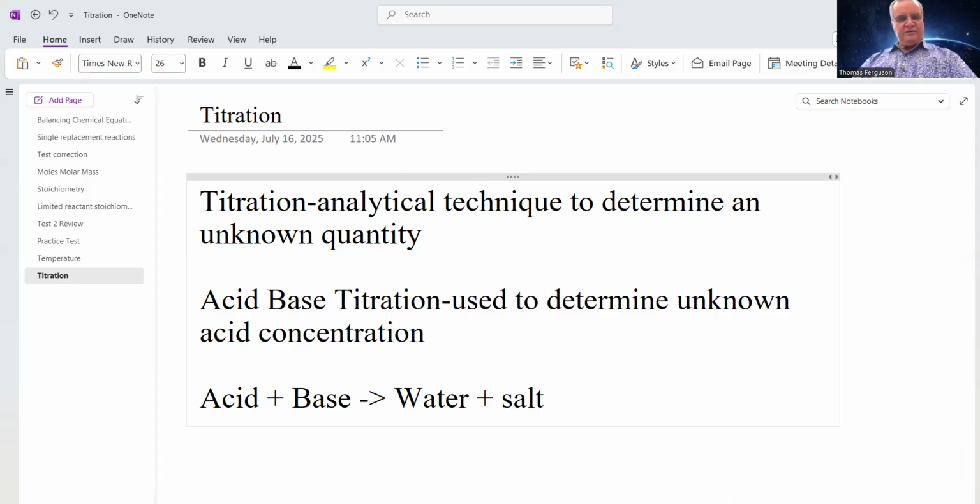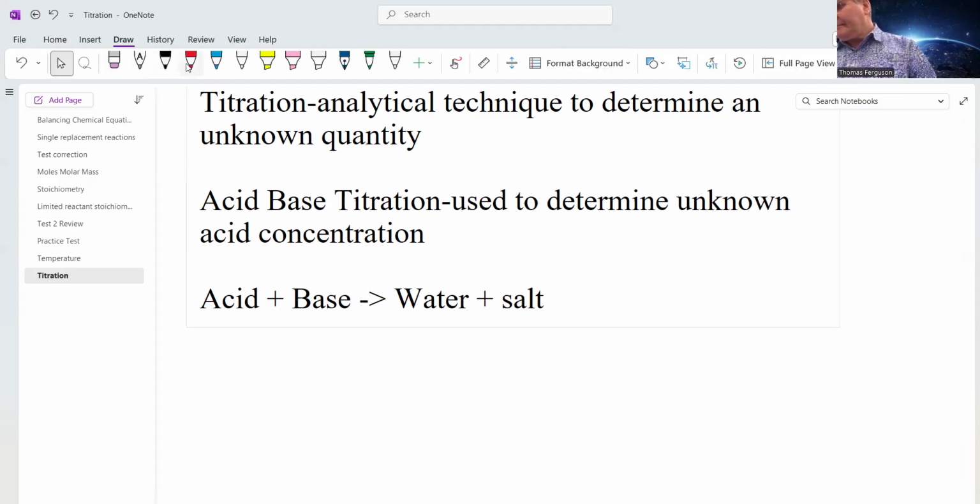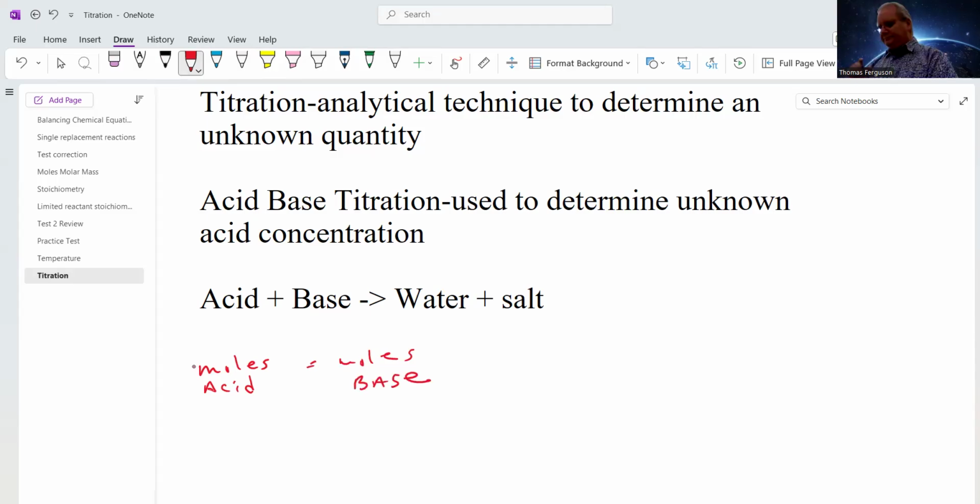So if we know the moles of acid and we know the moles of the base, if these are equal, we're not going to have any leftover H plus or OH minuses.